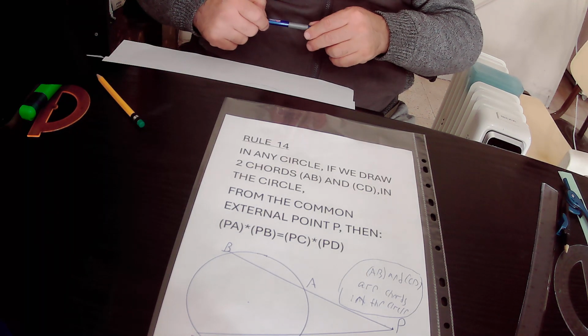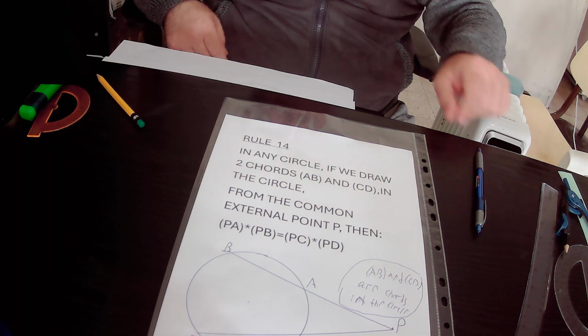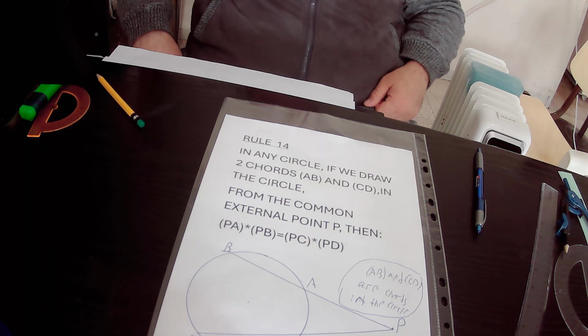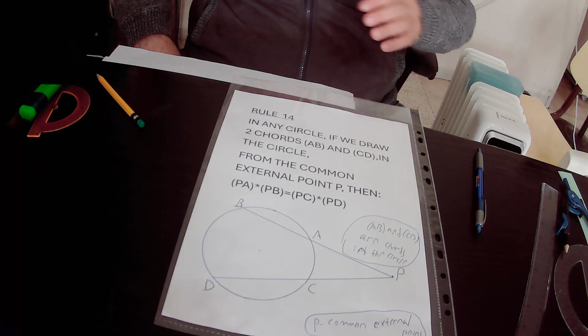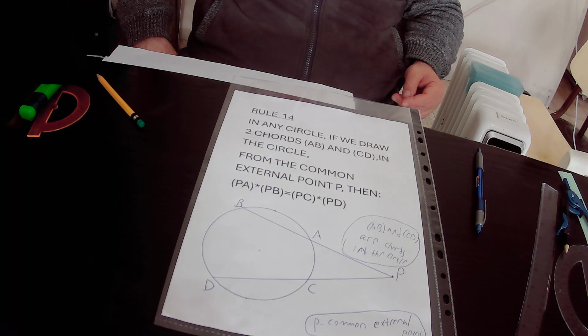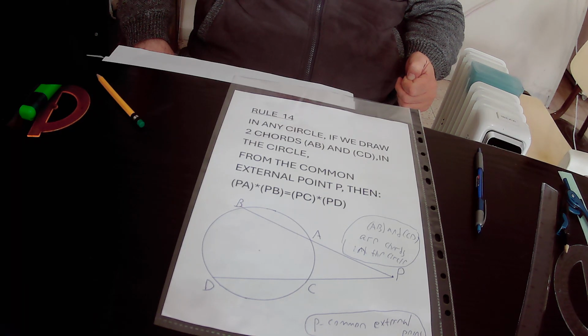According to rule number 14, in any circle, if you draw two chords AB and CD in the circle from the common external point P, then the following equation will be true: PA times PB equals PC times PD.